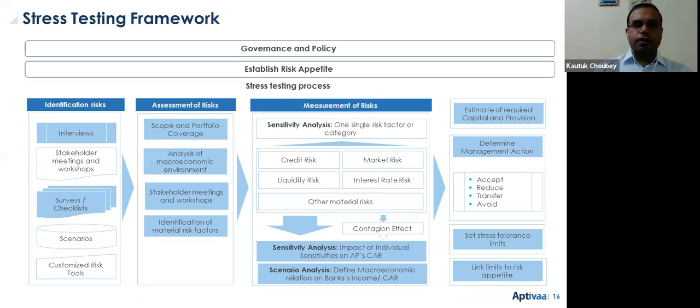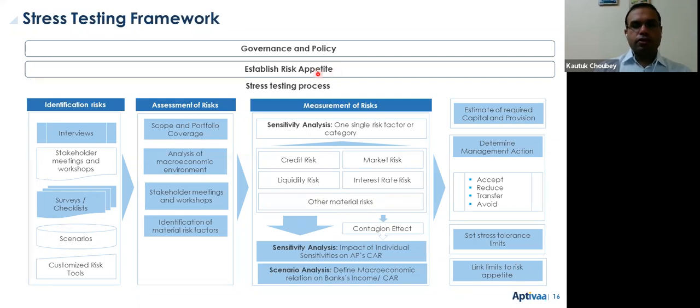So again, because this is closely in line with the bank's ICAP process, this too has a governance and an overarching policy which makes sure that the whole process runs smoothly within the organization. And this is particularly important, as you notice that the inputs come from different entities within the bank, and hence it is required that the whole process is knitted tightly through a governance process.